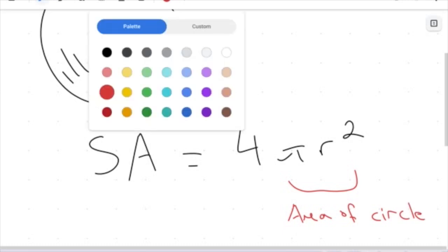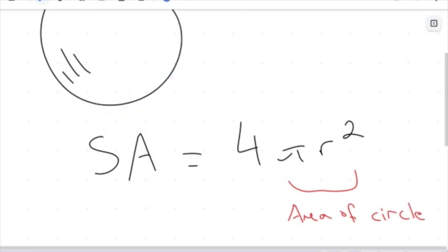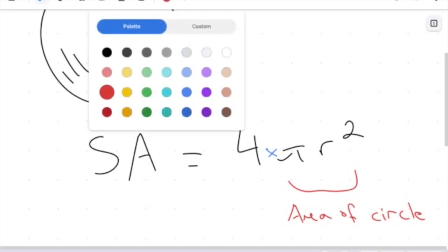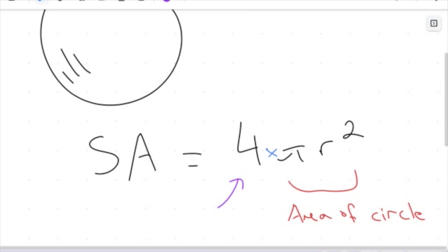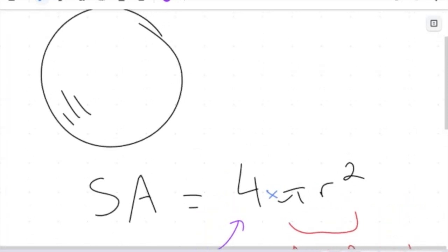And this 4 is getting multiplied by this in the formula, because with algebra and any expressions like this, when we write numbers next to each other, for example 4 in front of pi or in front of r squared, that implies a multiplication. So this is basically saying the surface area of a sphere is 4 different circles, the area of 4 circles with this same radius.